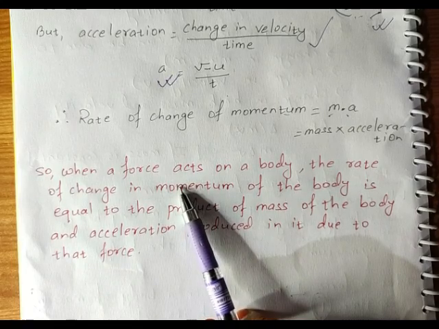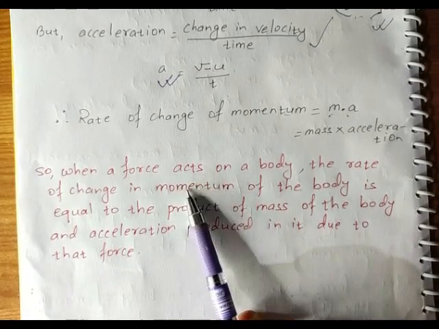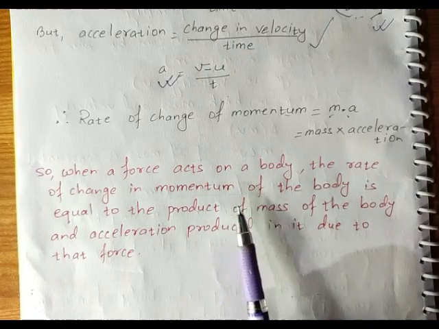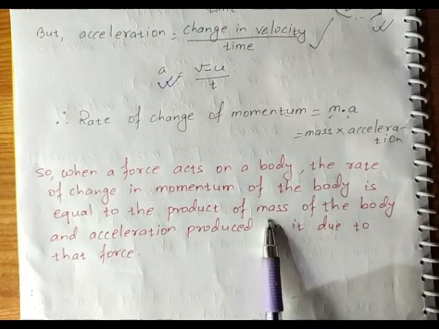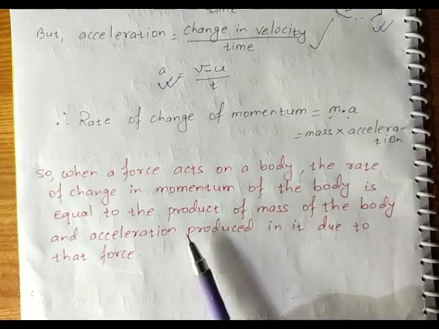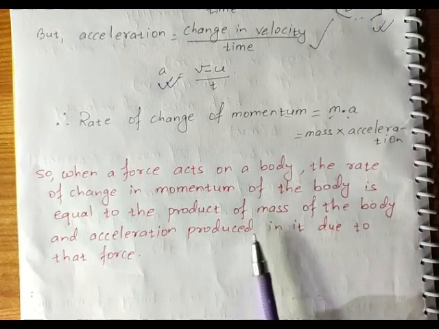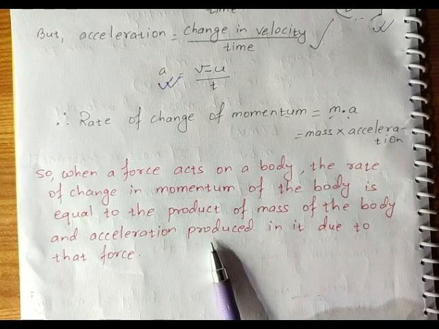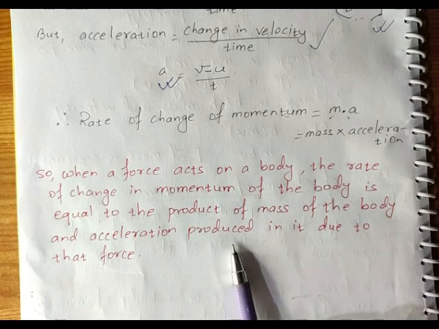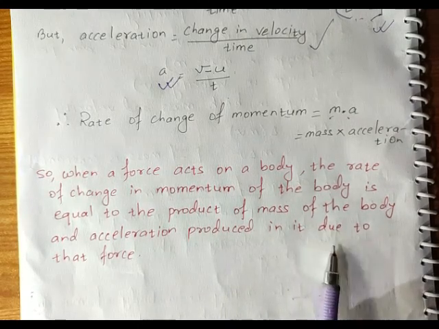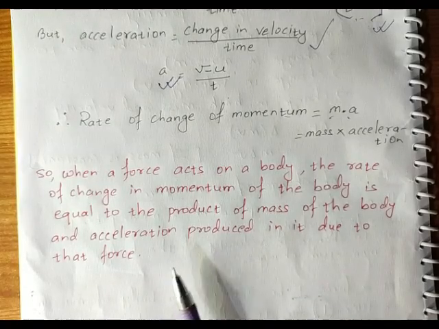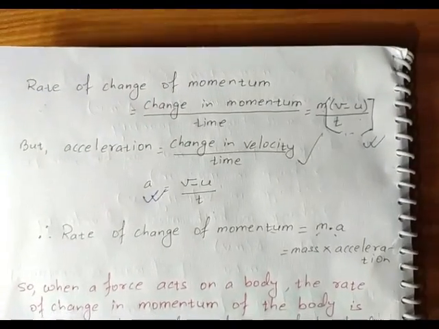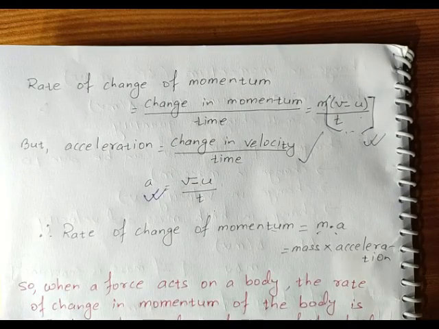Velocity changes, momentum changes. So the rate of change of momentum is equal to the product of mass of the body and acceleration produced by the body due to that force. How will acceleration be produced? When you apply force. So acceleration is produced due to the force applied on the body. So please write this down, children. I hope the previous one you have written.